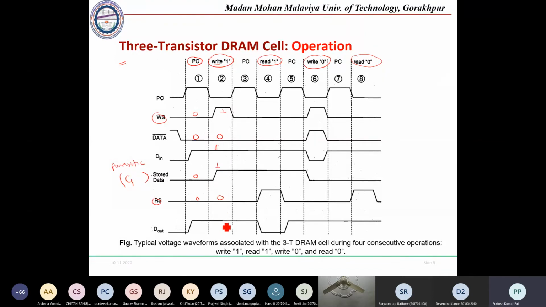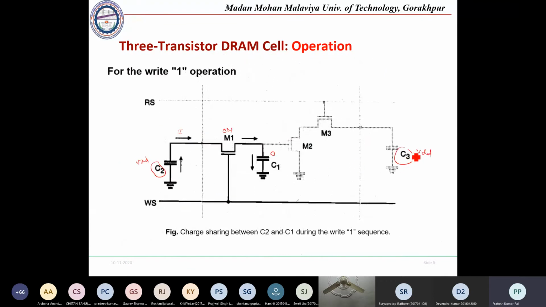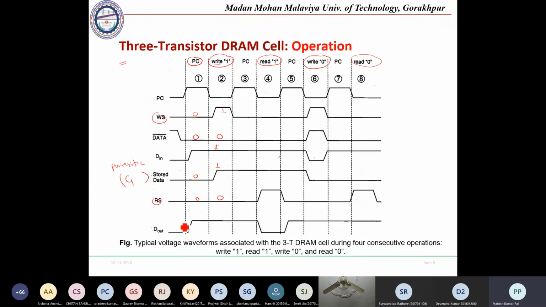Data out was initially precharged to VDD, and after that there is no connection to precharge. This capacitor is not connected to anything, so there will be no discharge. So C3 will remain at VDD, which means data out will be at a high value.